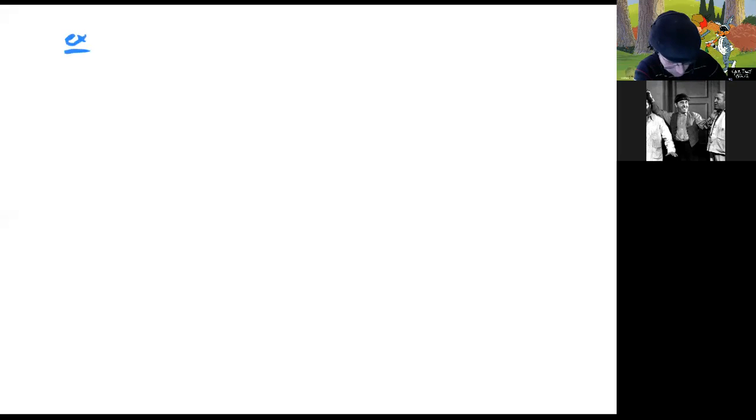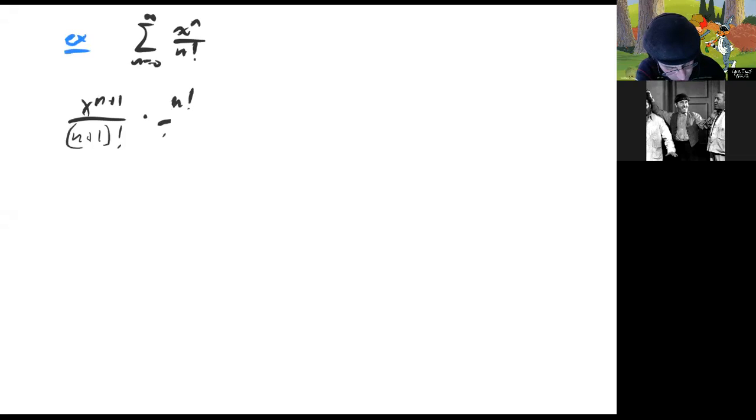Here's an example. Summation x to the nth power over n factorial, n goes from 0 to infinity. We're going to use the ratio test as usual. We get x to the n plus 1 over n plus 1 factorial times the reciprocal, n factorial over x to the n.